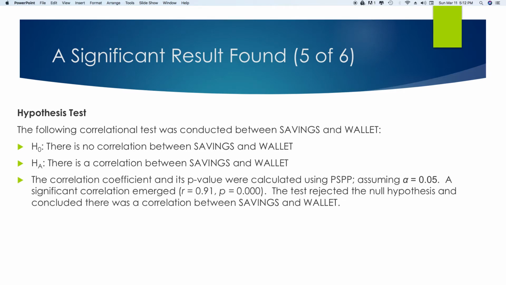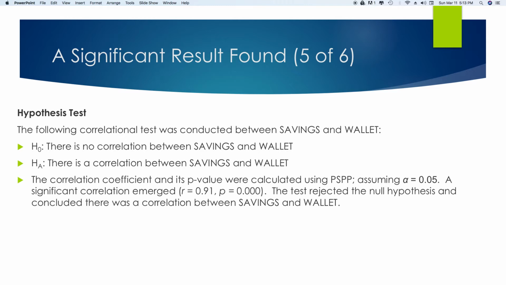So once we run our test in PSPP, the same assumptions again, that alpha equals 0.05, a significant correlation emerged in which R equals 0.91. So that's indicating a very strong direct relationship, and the p-value equals 0.000. So again, a fairly accurate result.